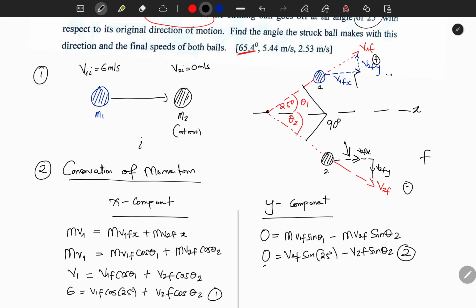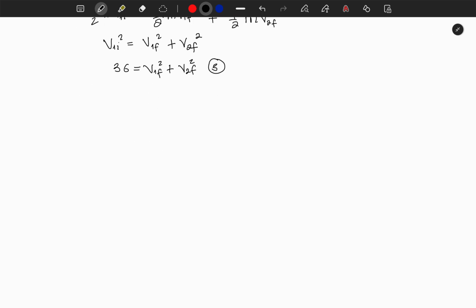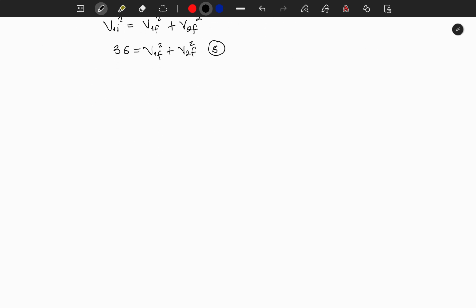This applies when one mass is at rest, the other one strikes, and they have the same mass. So assuming that fact, theta 1 plus theta 2 should give us 90 degrees. Theta 1 is 25 degrees plus theta 2, 90 degrees, giving us theta 2 as 65 degrees.